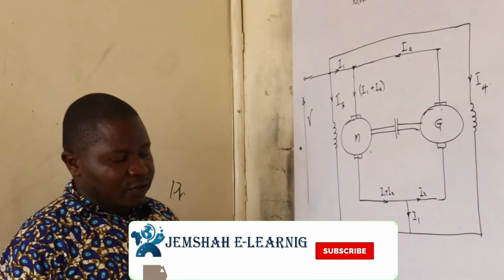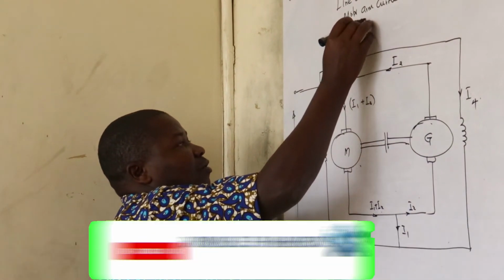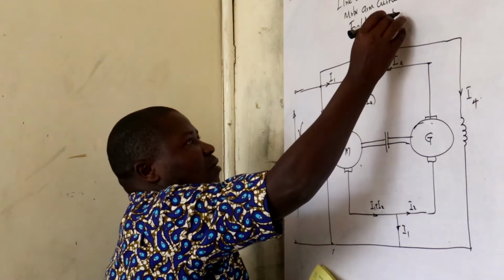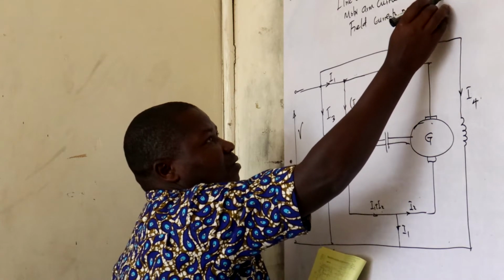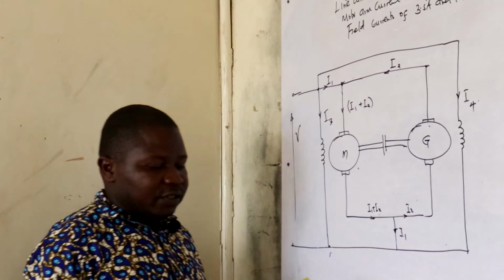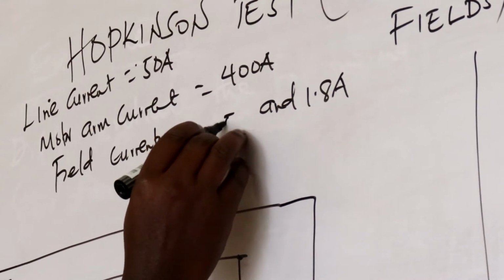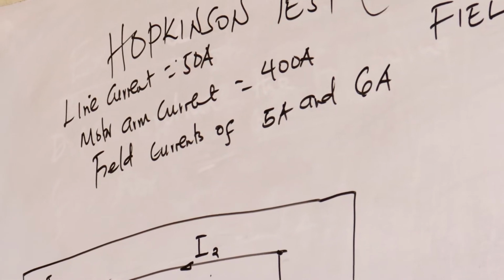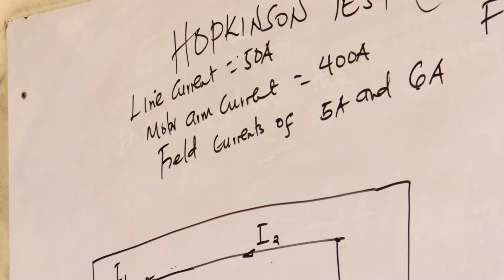Not including the field currents, which are 5 amps and 6 amps.